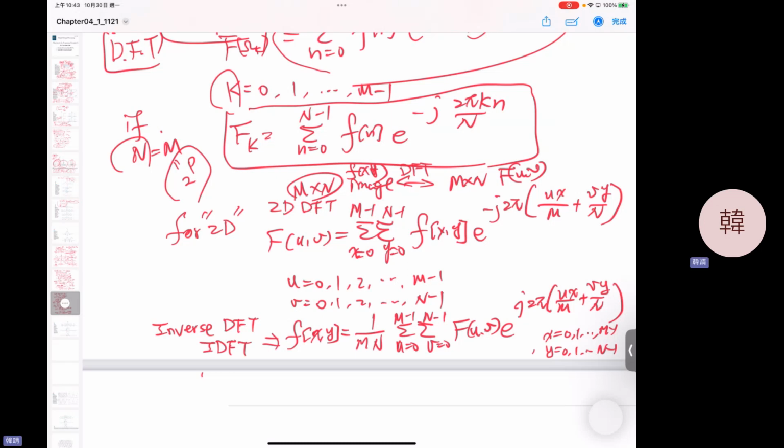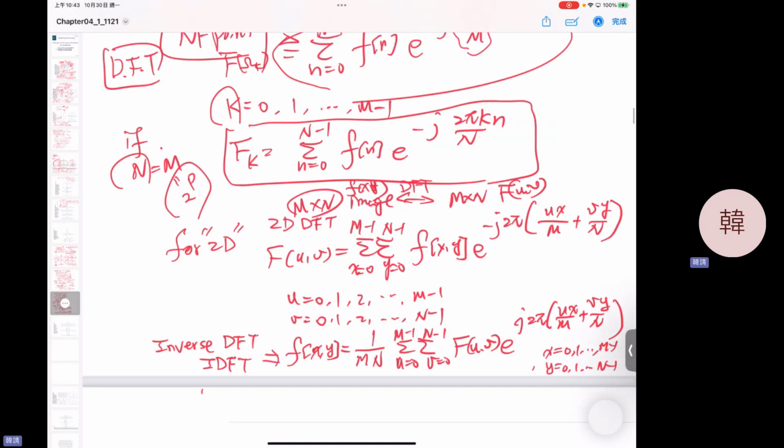Later on we are going to look at images immediately. Please think about this relationship between your signal in the time domain or spatial domain, and the expected spectrum in the frequency domain. Okay, is that okay?